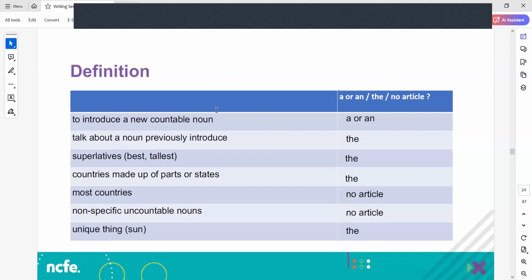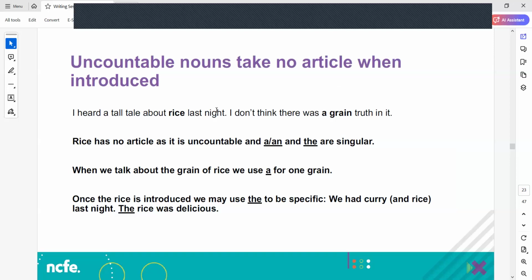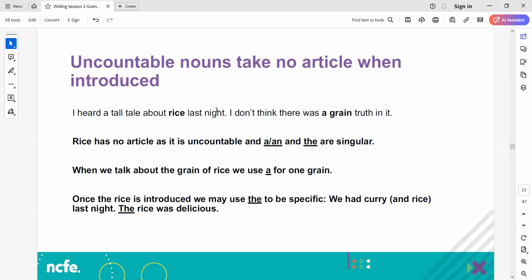Excuse me. Yes. There's a sentence that I'm a bit confused about. If I want to say, I want to give you a wash, is it a wash or the wash? A wash. Yeah. So if you're introducing that, I want to give you a wash.